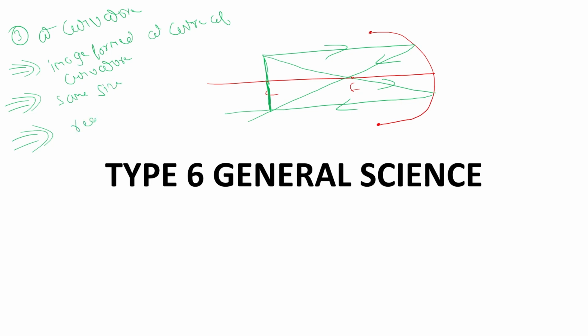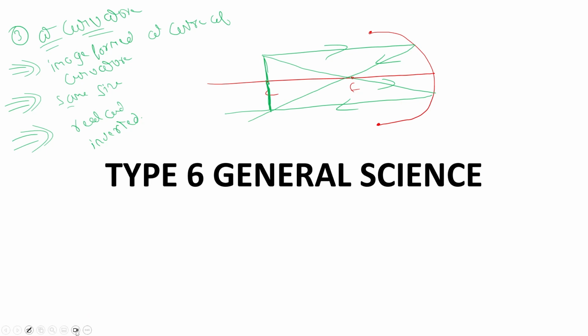Third, the image will be real and inverted. Remember, whenever the object is at the center of curvature, the image will be formed at the center of curvature, will be of the same size, and will be real and inverted.